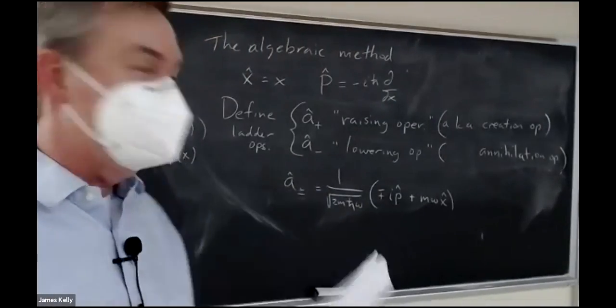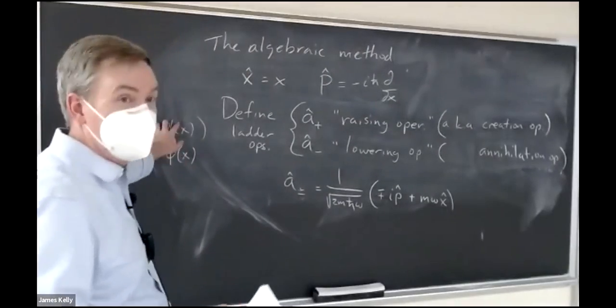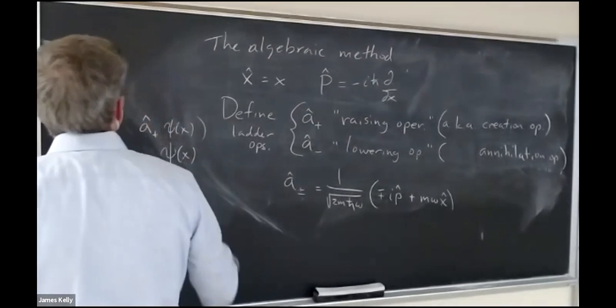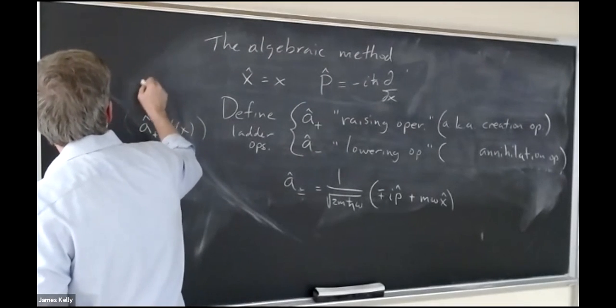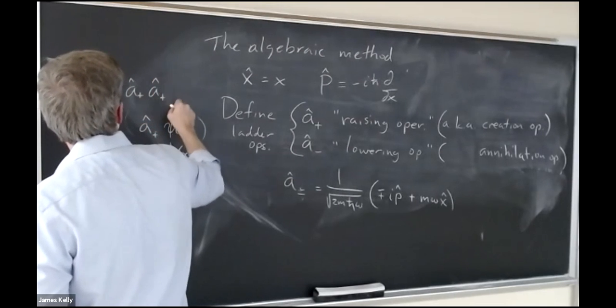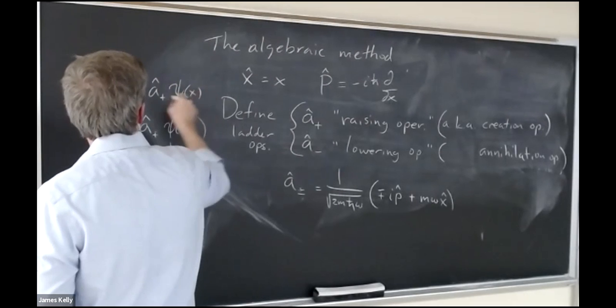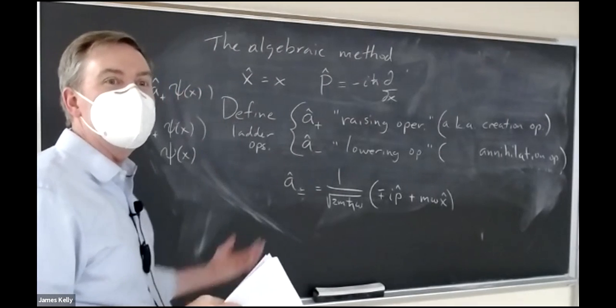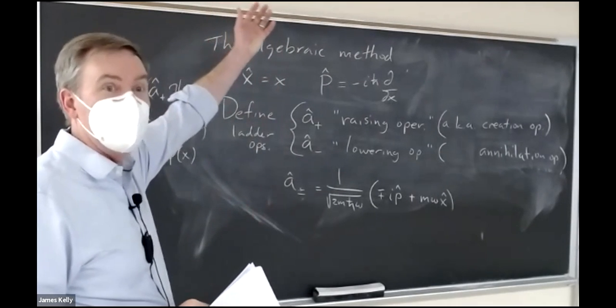So it's not just a multiple of this one, it's a totally different solution. And since that now is a solution, when I apply a plus to that combination, I get yet another solution, and I can keep going and going and get more and more solutions.